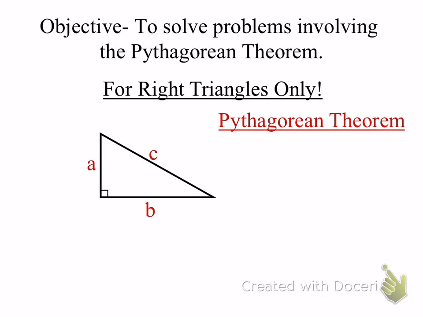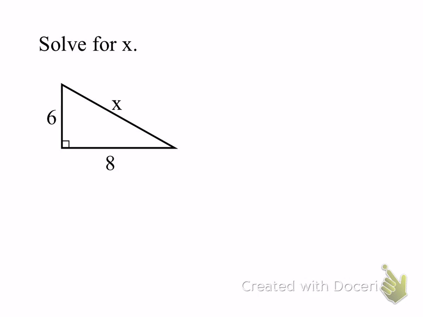Or the longest part is always the hypotenuse. I once knew a calculus teacher that rearranged the variables and called the legs A and C, and the B was the hypotenuse. So pay attention to that. Always know your hypotenuse is opposite the 90-degree angle. And the formula works like this.